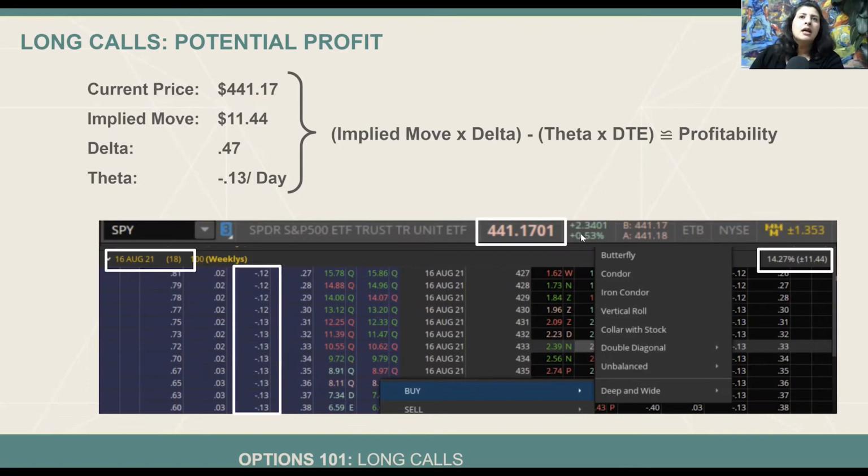And so that's why those with smaller accounts sometimes need to be a little bit out of the money, because it's just not possible for them to be at the money without risking an outsized percentage of their portfolio.